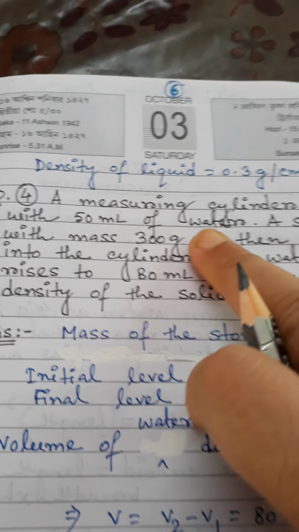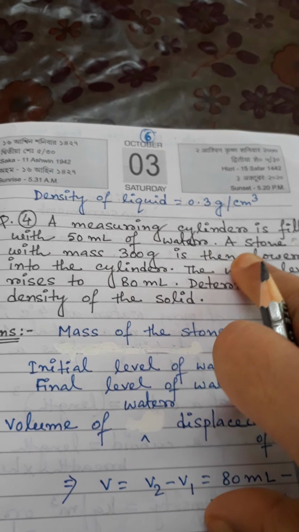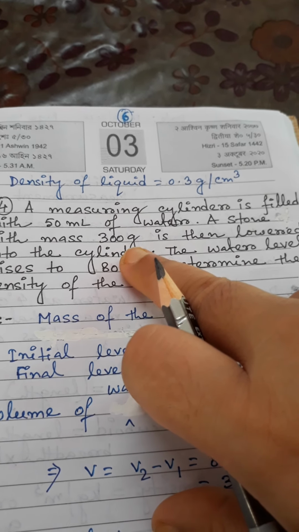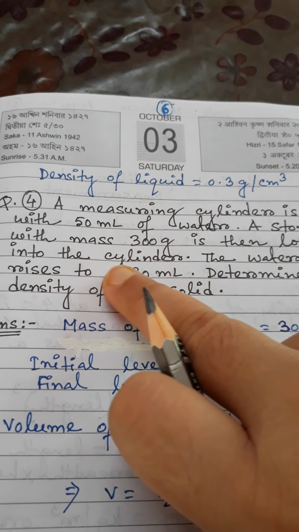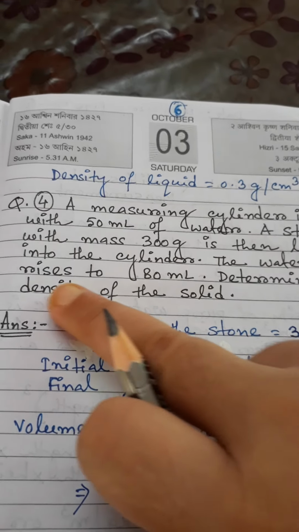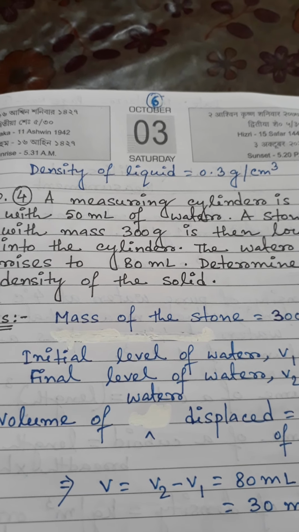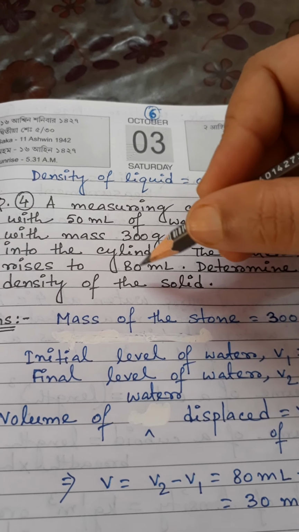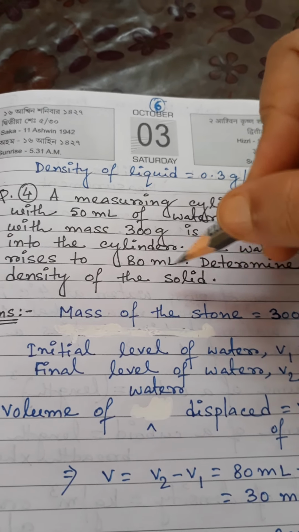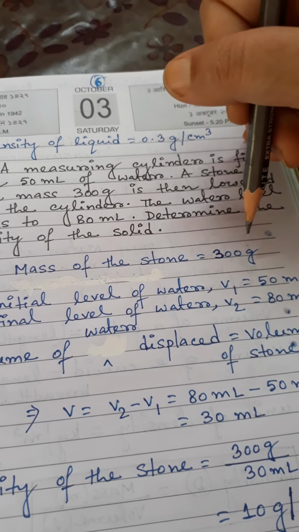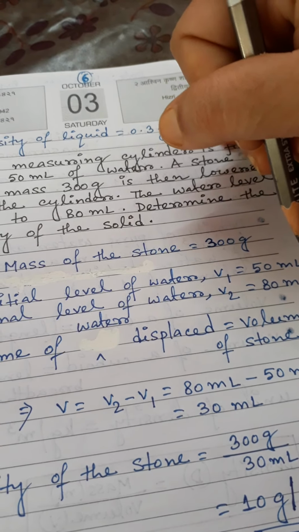Question number 4. A measuring cylinder is filled with 50 ml of water. A stone with mass 300 gram is then lowered in the cylinder, and the water level rises to 80 ml. So after putting the stone inside the cylinder, the water level rises up to 80 ml. Determine the density of the solid. So mass of the stone is equal to 300 gram. Initial level of water V1 is equal to 50 ml.